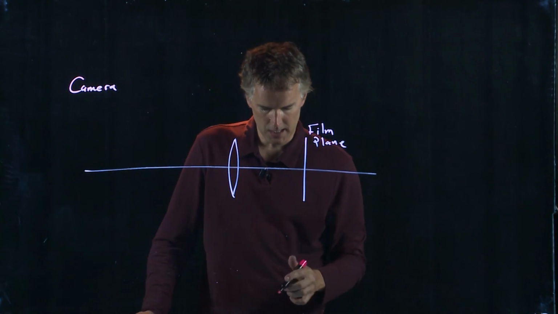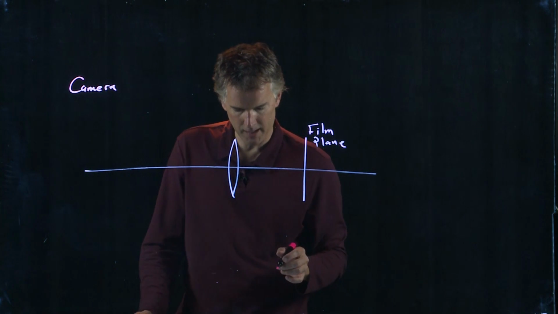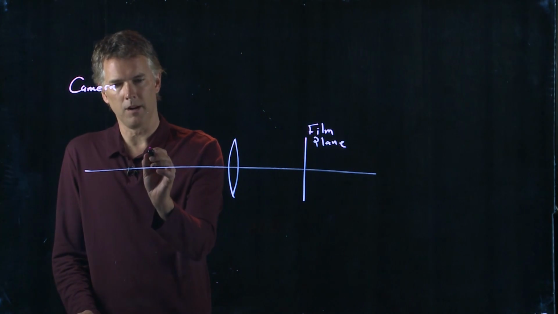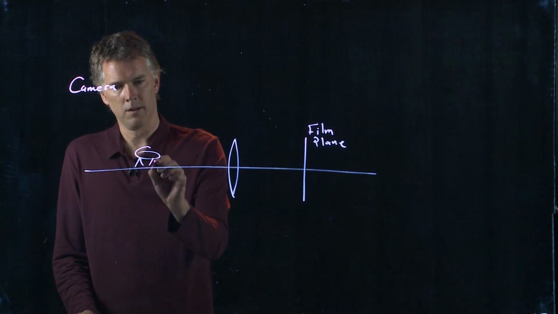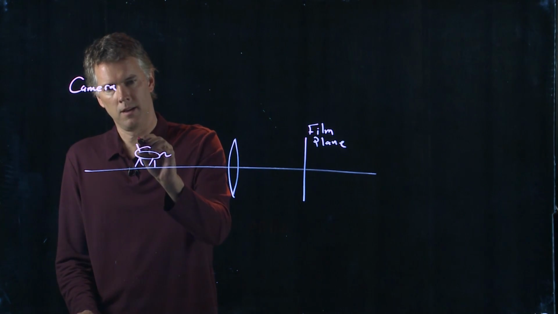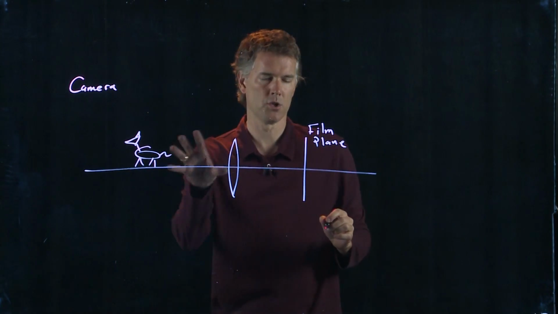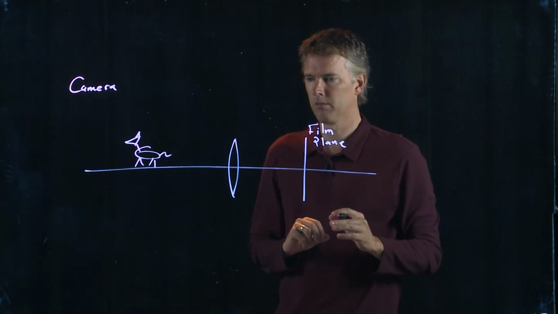And it says we got a dog that we are photographing and it's in focus, but then it's going to start to move away. All right, so we draw a dog. Here's our dog. Happy dog. Okay, and we're taking a picture of this dog and he's in focus.